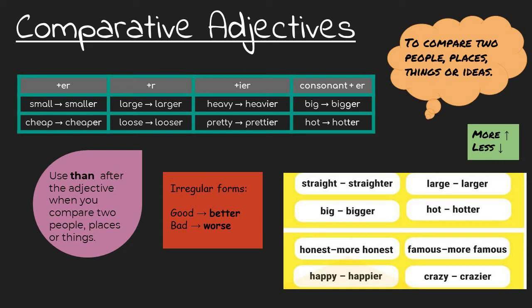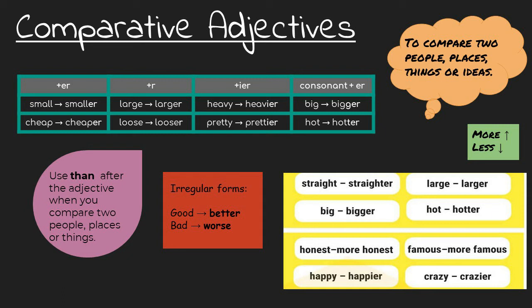Or "I am taller than my brother," right? So we have the spelling rules. What does that mean, right? We add E and R when the word ends in a consonant, right? For example, we have small, smaller. Also, we have cheap, cheaper, right?